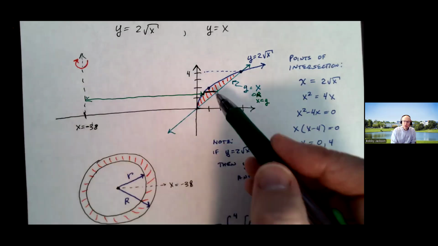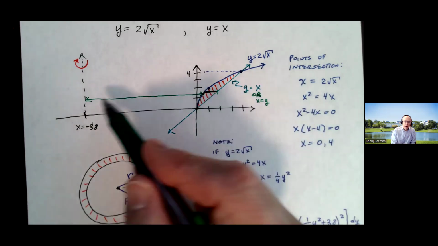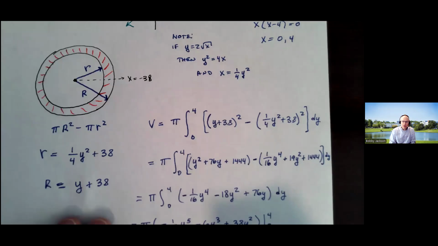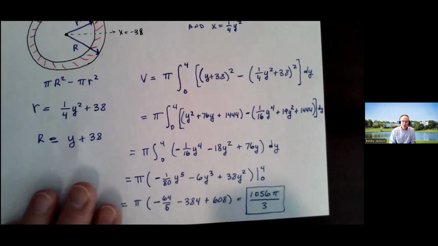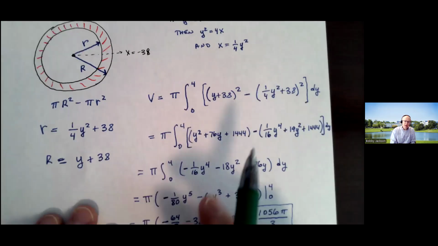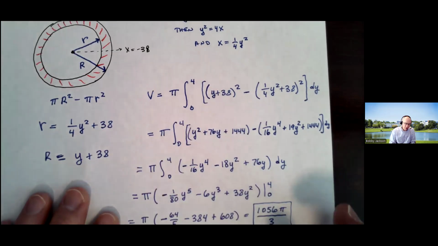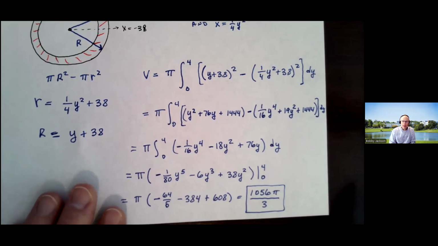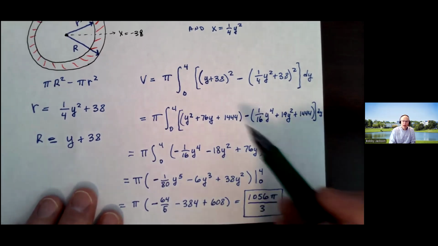So the distance will be y minus a negative 38, or y plus 38. Again, you might have a slightly different number than x equals negative 38, but the setup is still basically the same. Now the integration is a little bit algebra intense here.